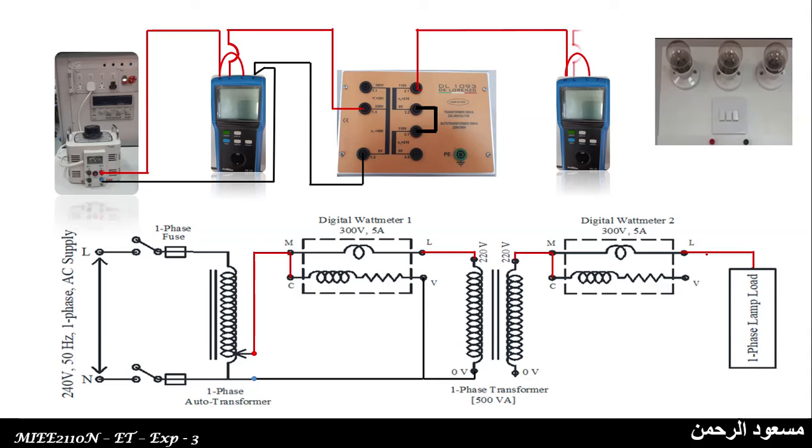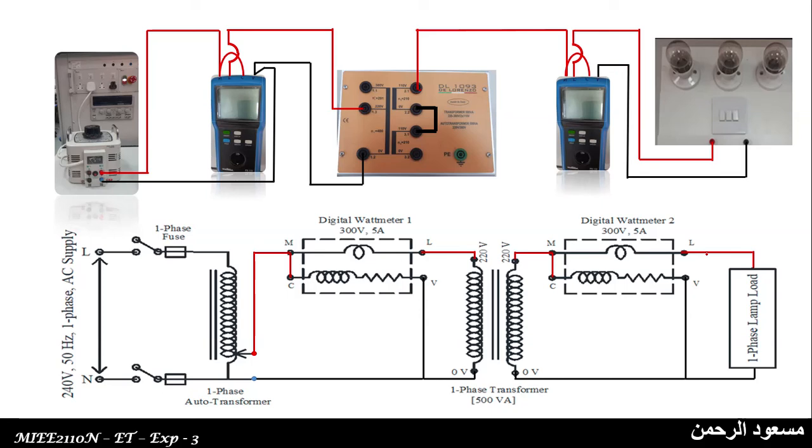The L point is connected with the single phase load, and the neutral of the single phase load is connected with the V point of wattmeter 2, and the V point of wattmeter 2 is connected to the zero potential point of the secondary coil. So this is about the circuit diagram and the connection.